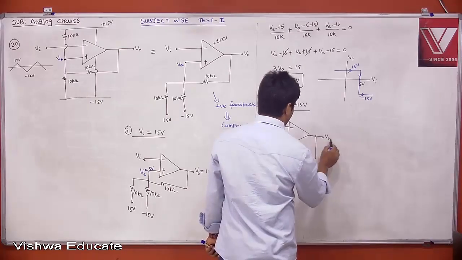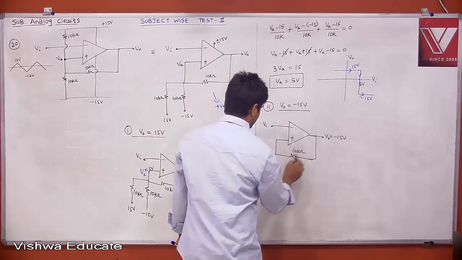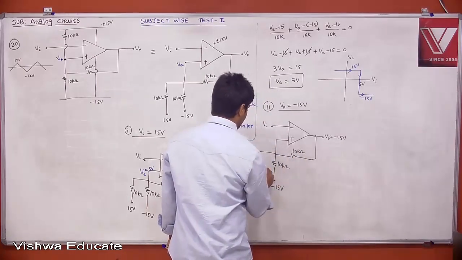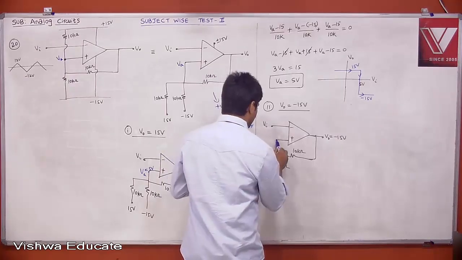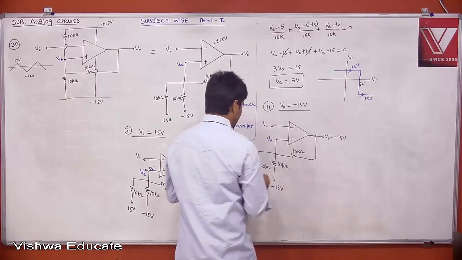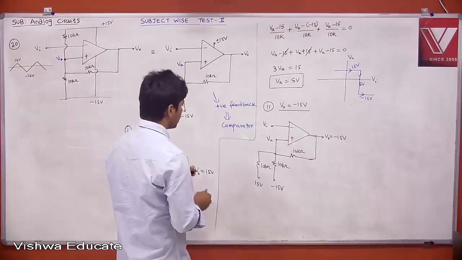Your V0 is equal to minus 15. This is 10K, 10K, 10K. And this is VA, which we need to find. Again, apply nodal analysis, you will get the answer.